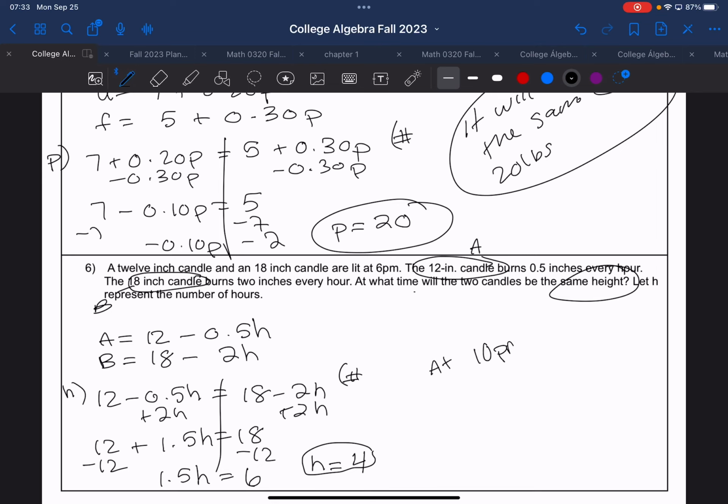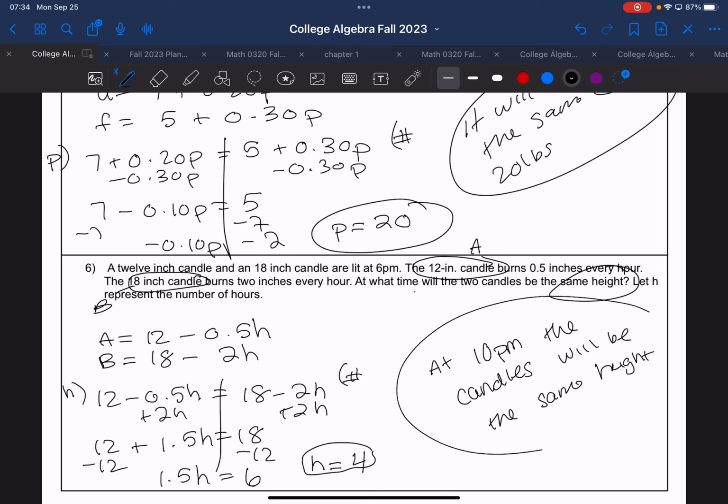At 10 p.m., the candles will be the same height. So these would be one of the examples where your sentence is including a different numerical answer than the answer that you got. Because here only gave us hours, but it was asking for what time.